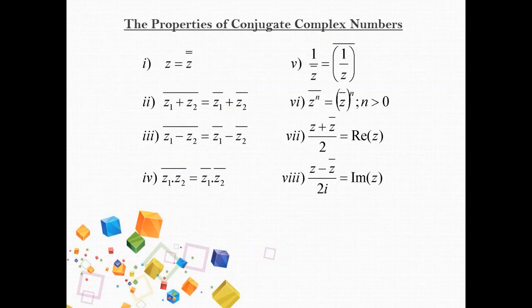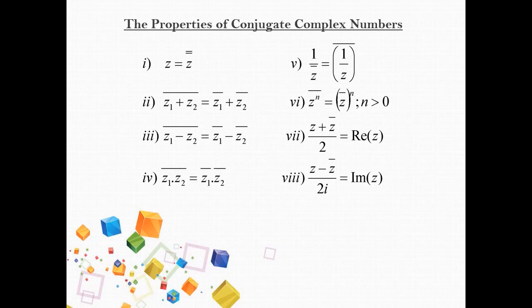Here is the list of properties of the conjugate of a complex number that you can apply to ease the application and calculation that involve complex numbers. If you have z, the double conjugate of z is equal to z itself.